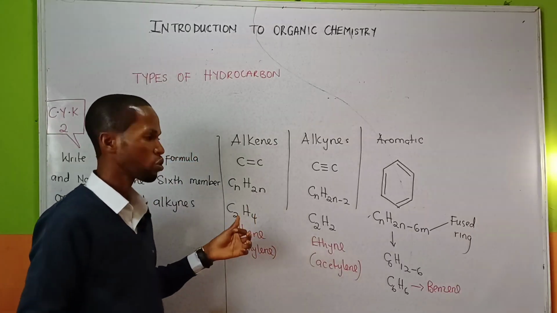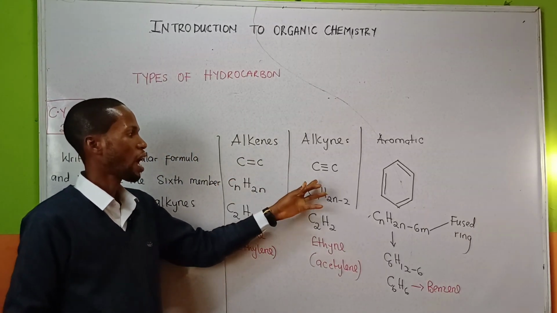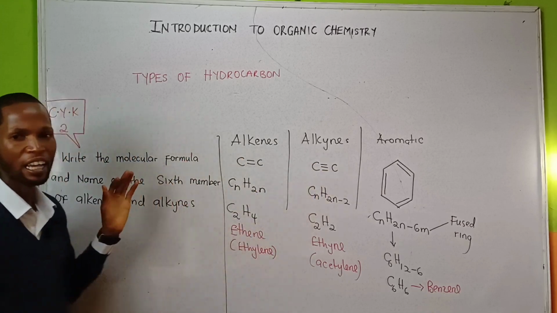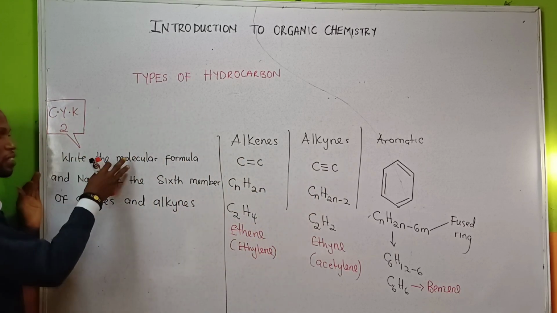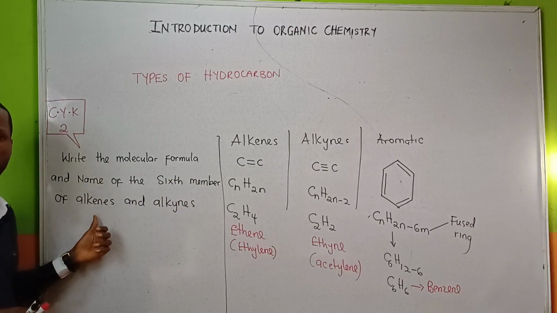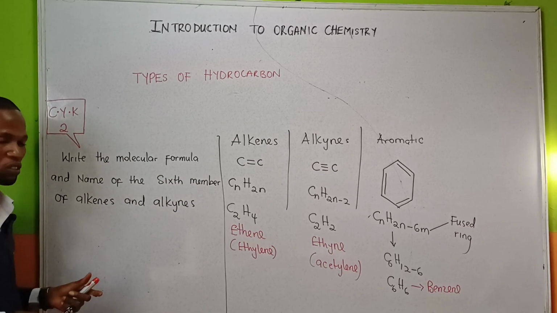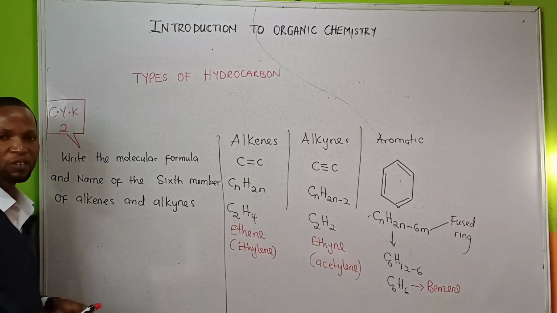I would like you to consider the general formula for the alkenes and alkynes in answering this question. Write the molecular formula and name of the sixth member of the alkenes and alkynes. You can pause the video while you answer the question.